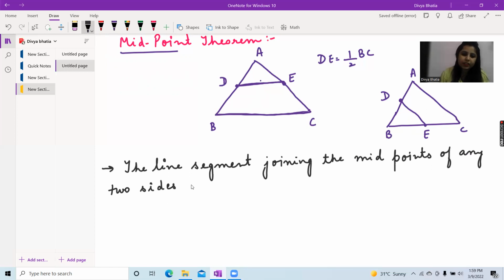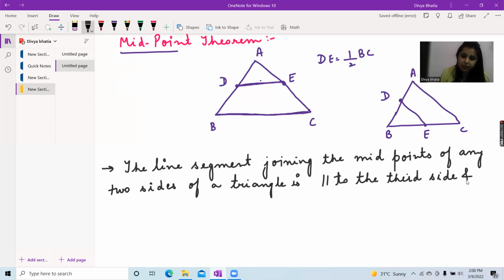The line segment joining the midpoints of any two sides of a triangle is parallel to the third side, and the length is also half of it. So this is the midpoint theorem and it is very important.